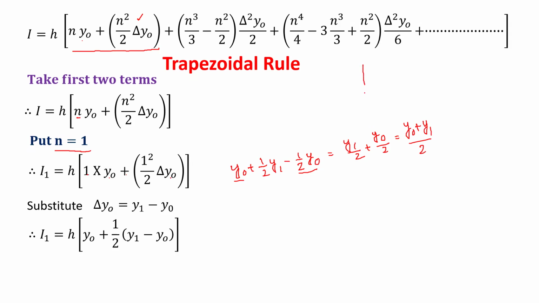Now we have considered only the first part. If this is the curve, we have this as y0 and this as y1, so we get the area under this part. Now we go to the second part, where the interval is h, with y1 and then y2.